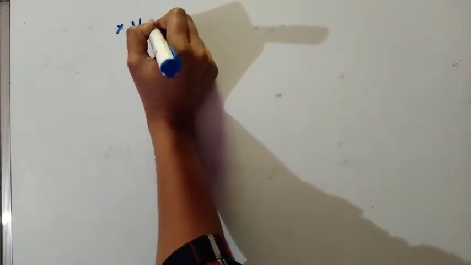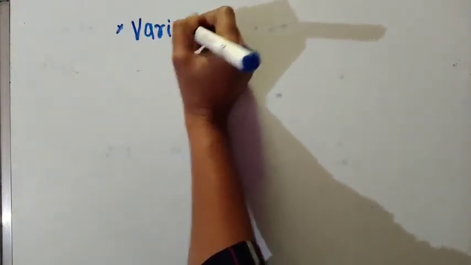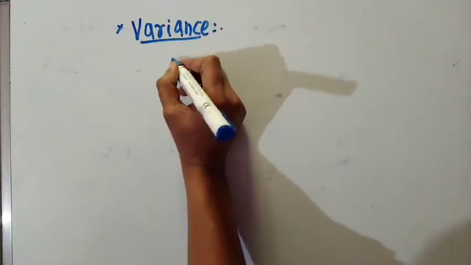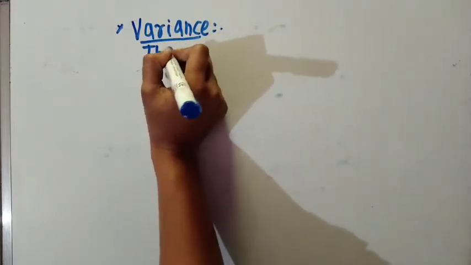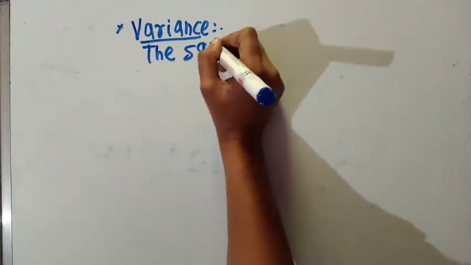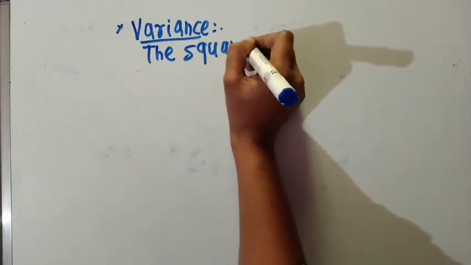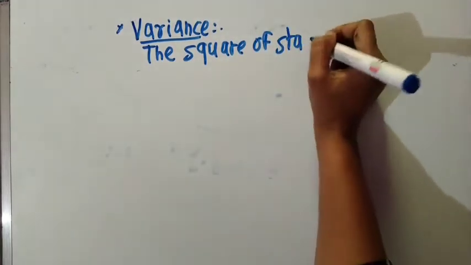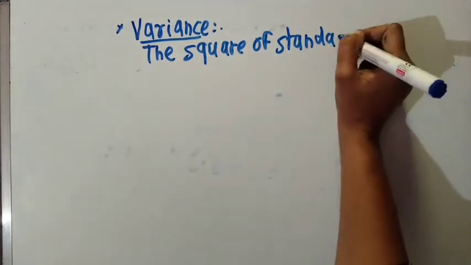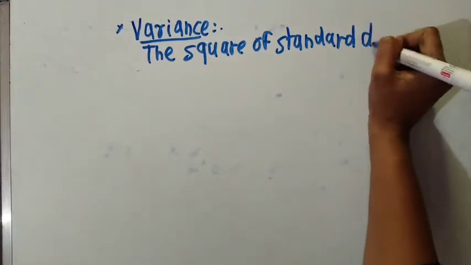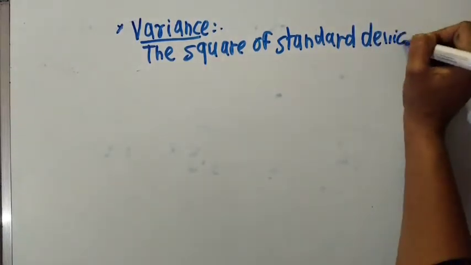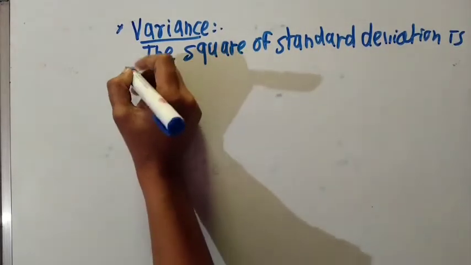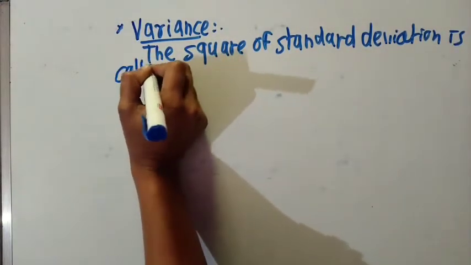Then we write down variance. How to find out variance? The square of the standard deviation is called the variance.